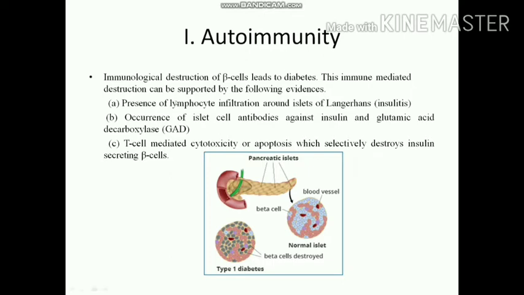And this occurs due to, first, presence of lymphocytic infiltration around islets of Langerhans. Next is occurrence of islet cell antibodies, meaning the islet cells make antibodies against insulin and glutamic acid decarboxylase. And next is when T cell mediated cytotoxicity or apoptosis occurs, which selectively destroys the insulin secreting beta cells. Okay, this is the immunity, and due to this, diabetes mellitus occurs.